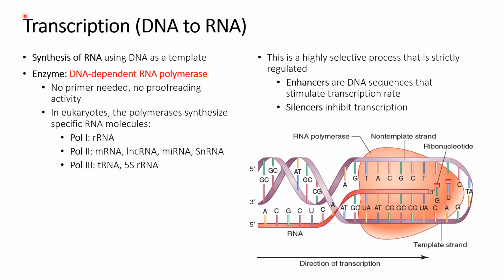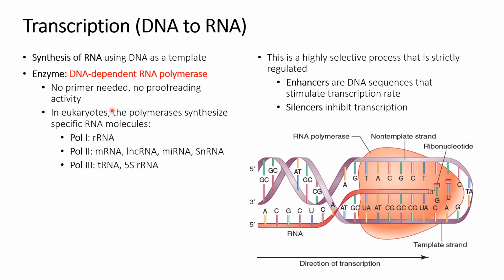Okay, so in this process, the most essential enzyme we need is the DNA-dependent RNA polymerase. Unlike the DNA polymerase in replication that needs RNA primer, di ba, in order for it to start the synthesis of new DNA bases, DNA-dependent RNA polymerase does not need primer. And wala din siyang proofreading activity unlike the DNA polymerase.